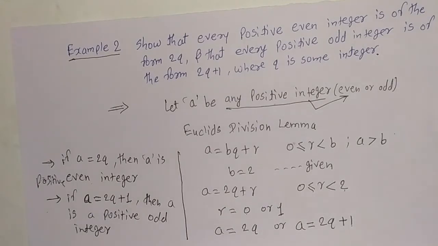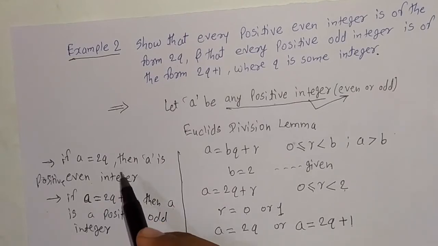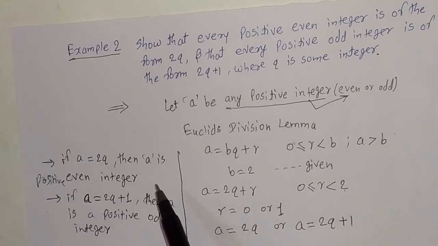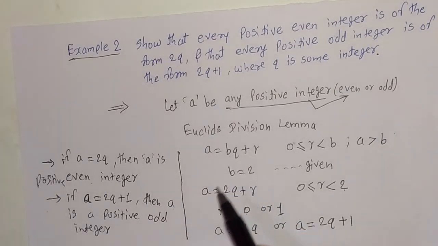Similarly 13 plus 1, 14, like that. That's why if a equal to 2q plus 1, then a is a positive odd integer. You have to write these two separate statements, then only your answer will be final, because all this process has no meaning unless you write these two sentences.